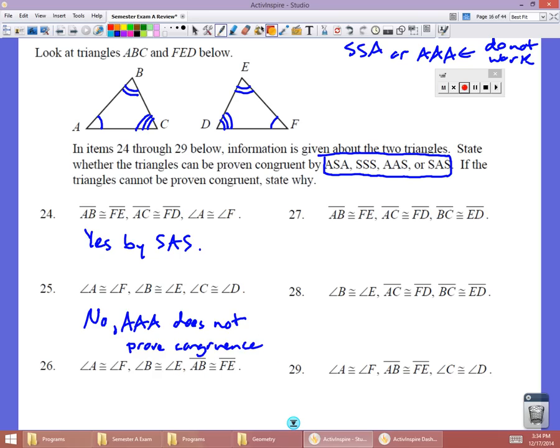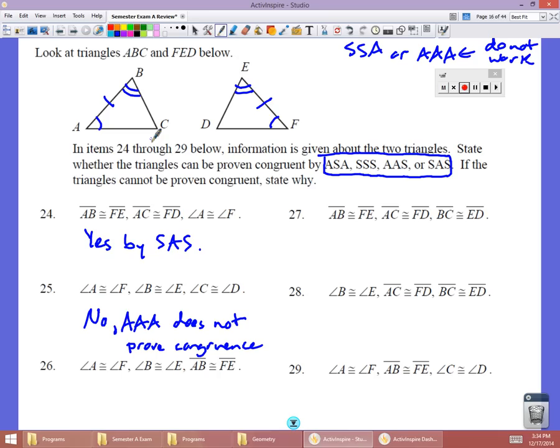Alright, let's erase our picture again. And if we go on to problem number 26, we're going to mark angle A congruent to angle F, angle B congruent to angle E, and side AB congruent to side EF.